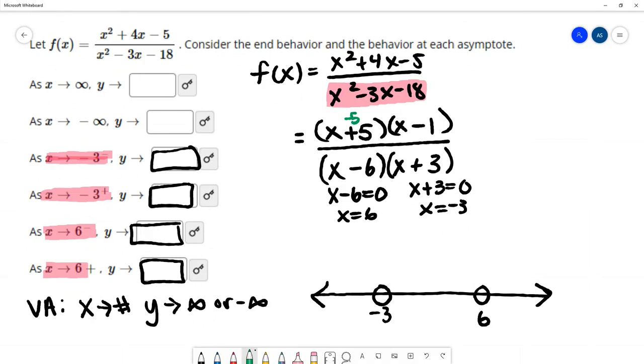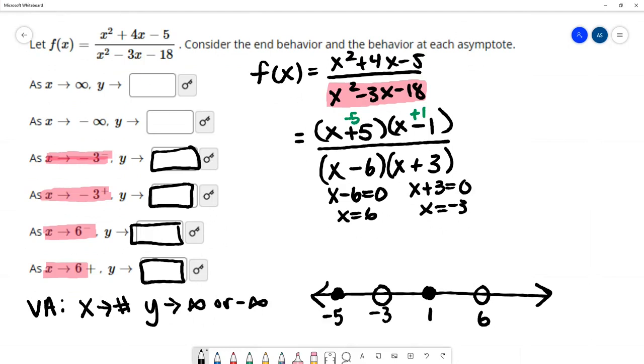Negative 5 and a positive 1 are my x-intercepts. So we have positive 1, which would be around here, and negative 5 over here.